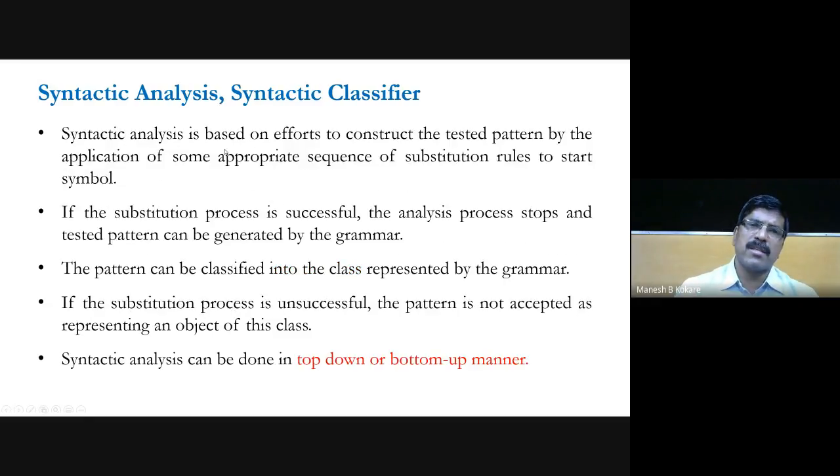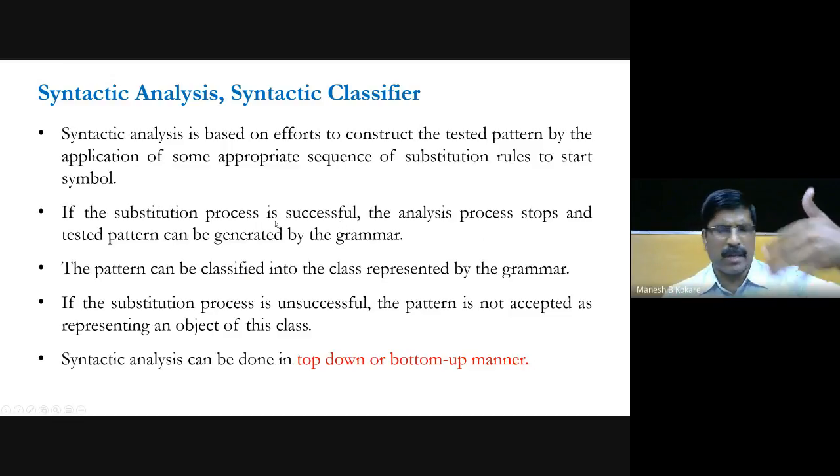So syntactic analysis is based on the efforts to construct the tested pattern by the application of some appropriate sequence of substitution rules to the start symbol. For example, an unknown pattern is there and there are two classes, C0 and C1.